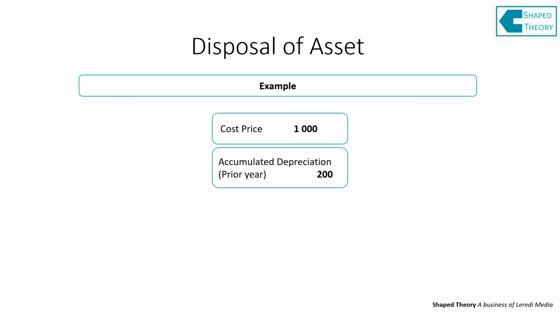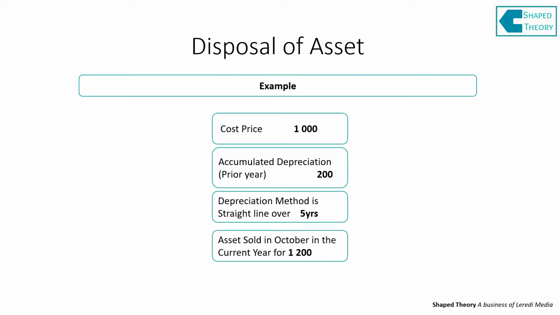The prior year accumulated depreciation of the asset is 200. The depreciation method is straight-line method over a period of 5 years. The company decided to sell the asset in October of the current year for an amount of 1,200. The financial year of the company is 1 Jan to December the 31st of every year.